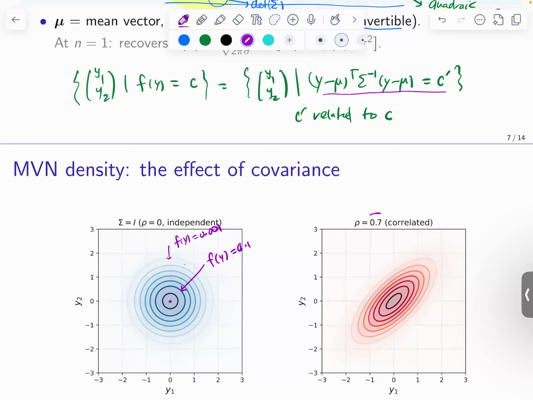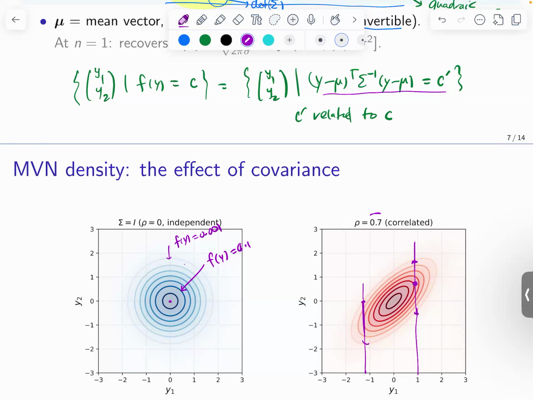And then these are more informative in the sense that if I know, for example, that y1 is 1 here, then I can read off the conditional distribution. Things would be mostly in this area, centered around here and then spreading out. But if I see, for example, y1 is -1, then things would be mostly in this interval.